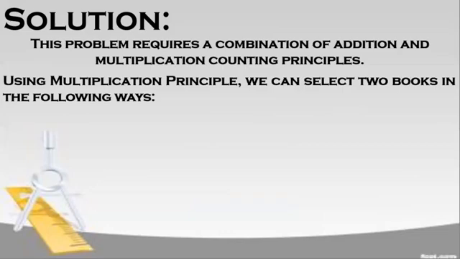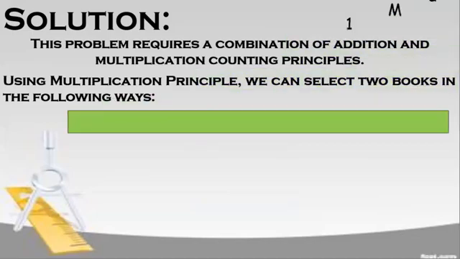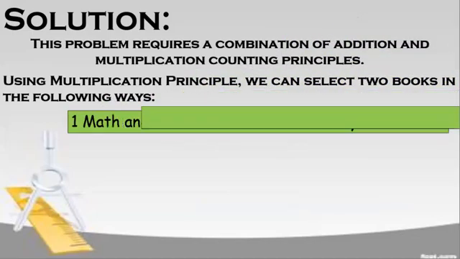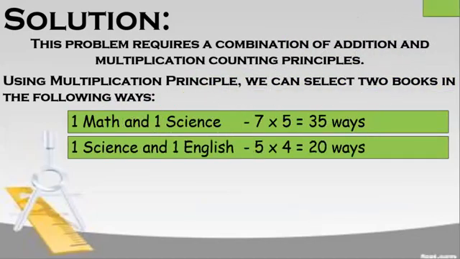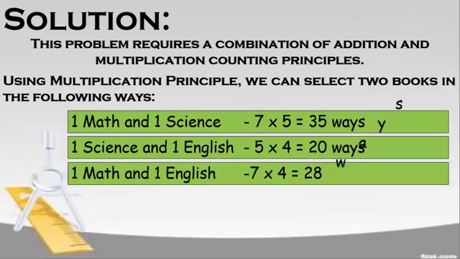So if we have 2 books, so it can be one coming from the math and one coming from the science. So yung combination nila pag math at saka science, since we have 7 math books and 5 science books, so there are 35 ways para po magkaroon tayo kumbaga ng combination for math and science.